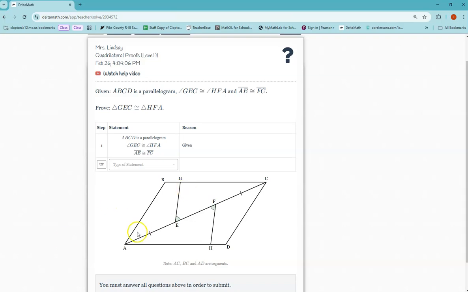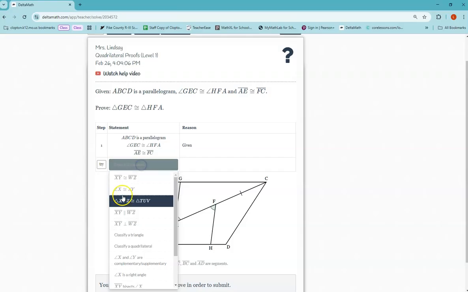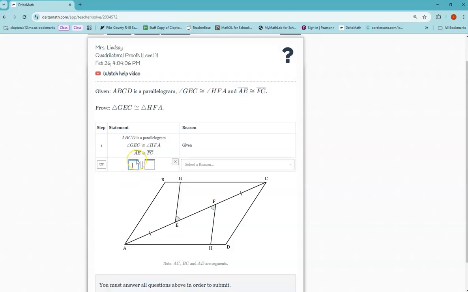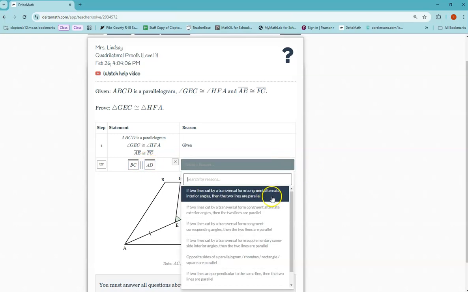Since it's a parallelogram, this is a diagonal. A diagonal is going to bisect both of these angles. So let's talk about that, right? Because, well, you could use the angle bisector, or you could say BC and AD are parallel, and then use alternate interior angles. So either way you could go about it. So I'm going to just use the parallel thing. So BC is parallel to AD, because this is a parallelogram.